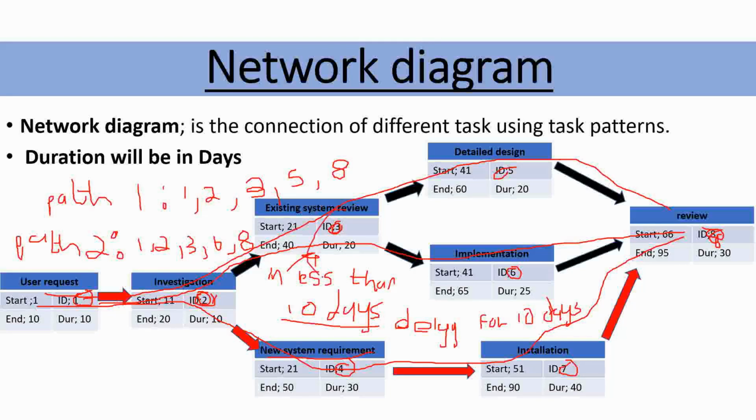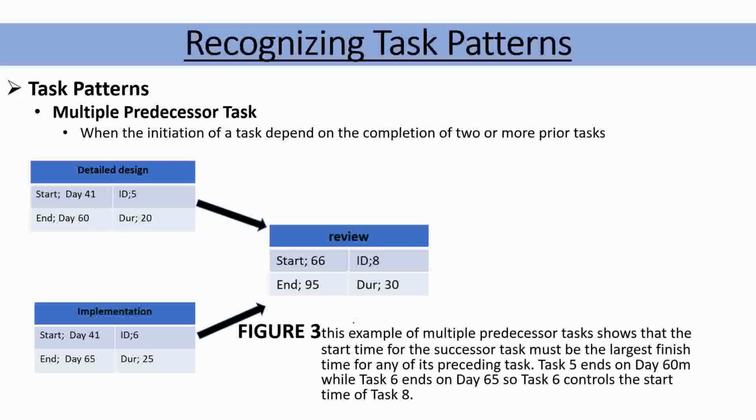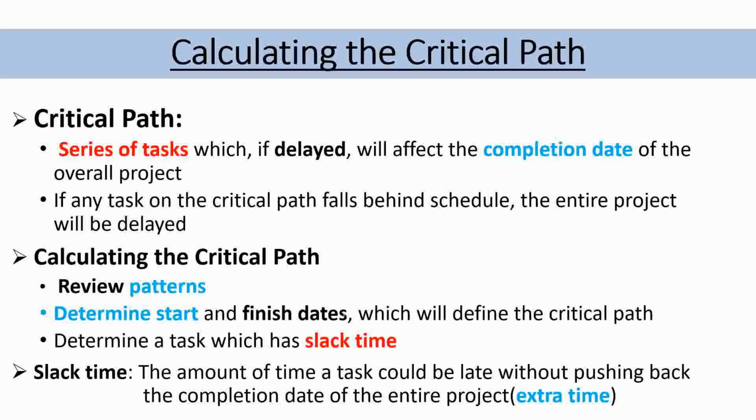This one has a slack time, and this one has a slack time. Slack time here, slack time here. So you just have to find the difference of your slack time. Here, right? Determine a task which has slack time.